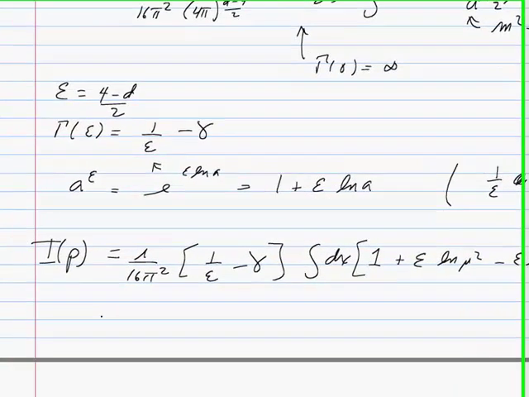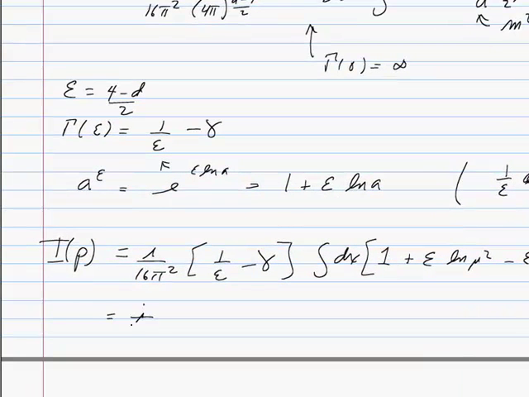Okay, and so this ends up being i over 16 pi squared, 1 over epsilon minus gamma minus log 4 pi.